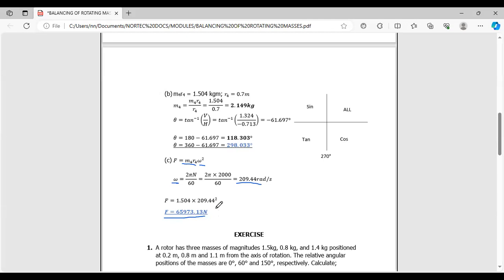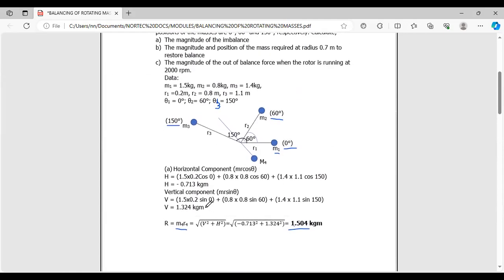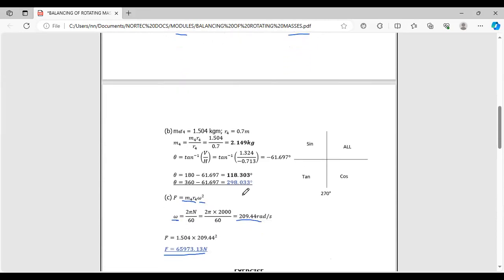So you have the three of them. You have the first one we got, which is the out of balance or the imbalance. We got it as 1.504. The second one is at what angle should we put and what mass do we need? That's the mass we need. And this is the angle or the angular position.